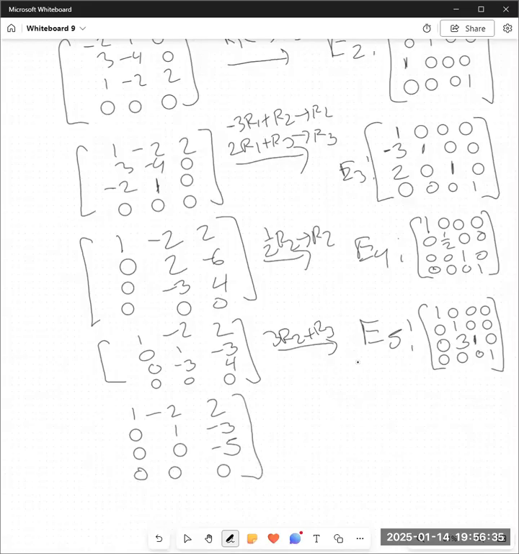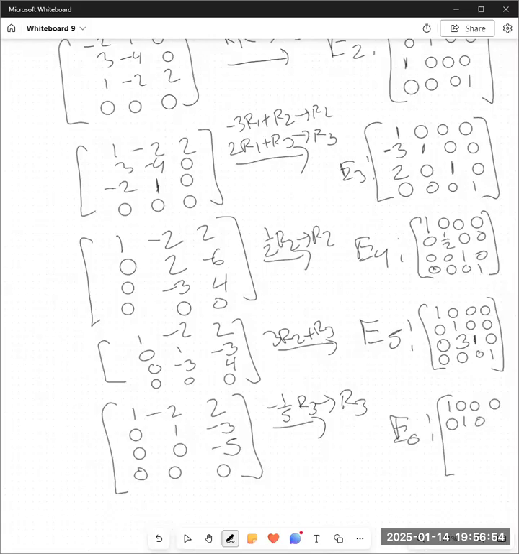The last thing that I need to do is get a 1 in row 3. That's going to be -1/5 row 3 to make a new row 3. That's going to be E6. It's going to be -1/5 row 3, like that.